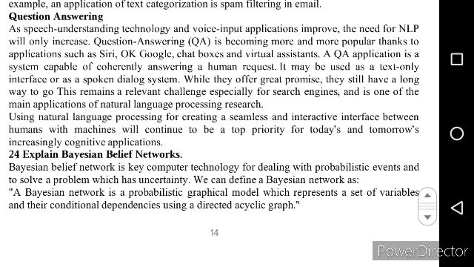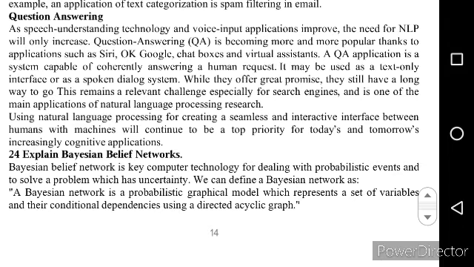Question answering is becoming more and more popular thanks to applications such as Siri, OK Google, chatbots and virtual assistants. A QA application is a system capable of coherently answering a human request for search engines and is one of the main applications of natural language processing research.